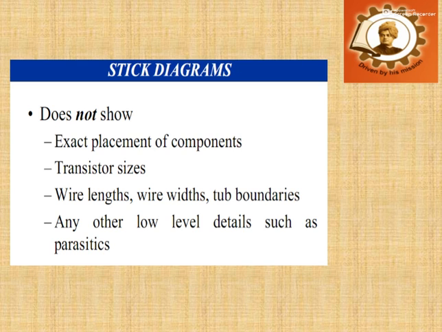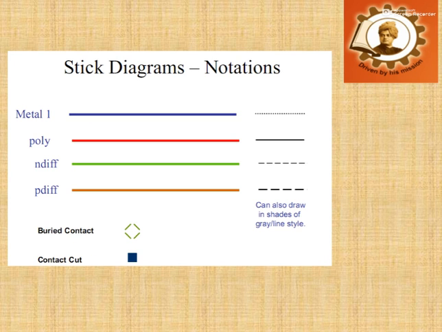Here we are getting some color code. Metal is represented by blue, polysilicon by red, N diffusion by green, and P diffusion by yellow, or it may be some orange. Depending upon this color concept, a contact cut is shown in the figure, and a buried contact is also shown.